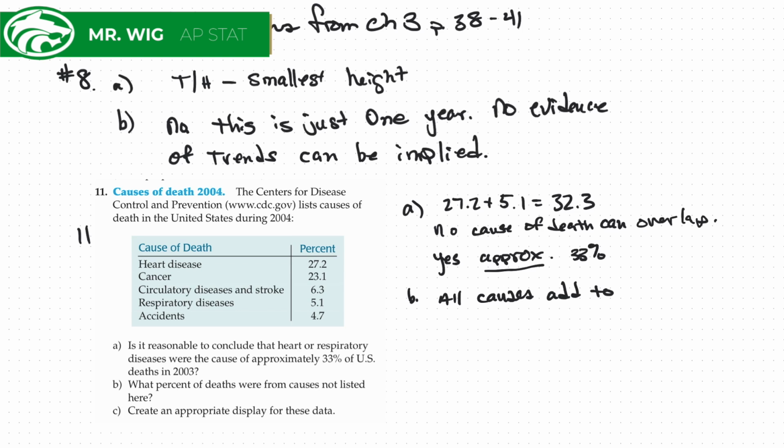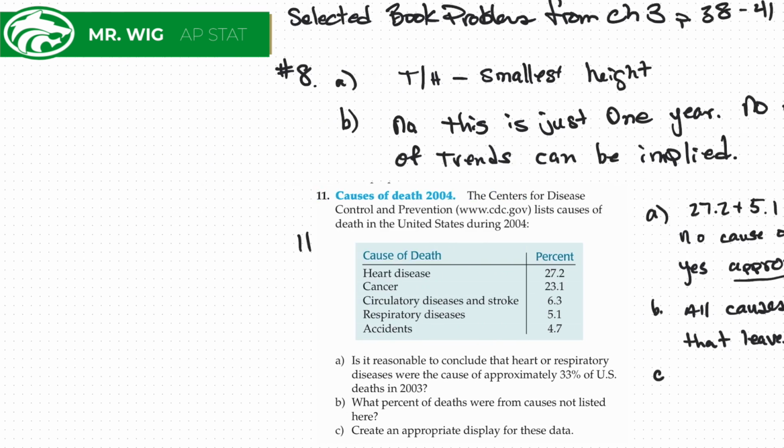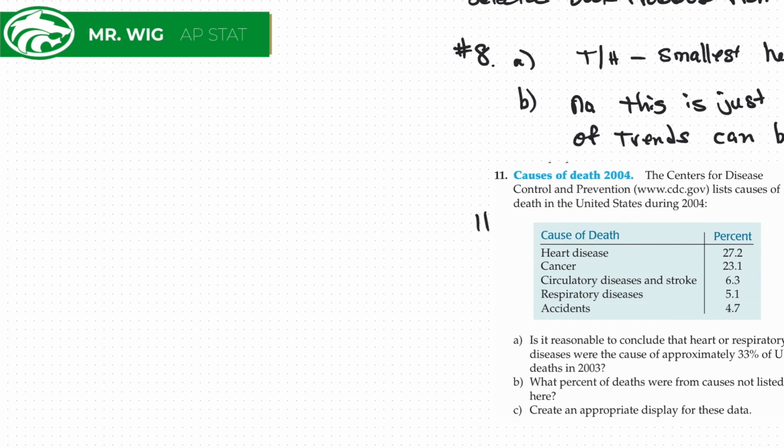Part B, asking what percent of deaths were caused from not listed values. Well, anytime that you're given a categorical set of data, usually it's going to be in percentages, could be in counts. I want to make sure that I have 100% of all of my data. If I don't, that is a problem. I need to make sure that I actually add them up.